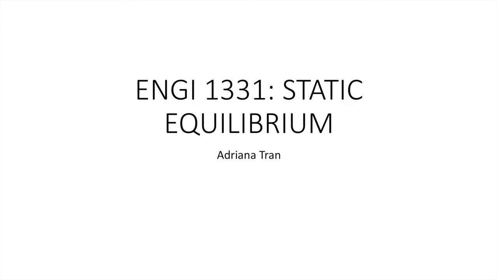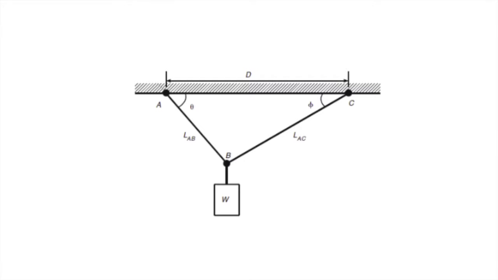My group and I are mechanical engineering majors, and we worked on the static equilibrium problem. The problem states that there are two cables connected to two anchor points labeled A and C in static equilibrium with their respective tension forces, tension AB and tension BC.